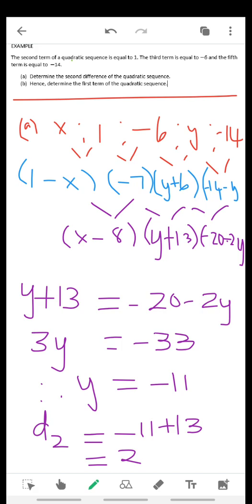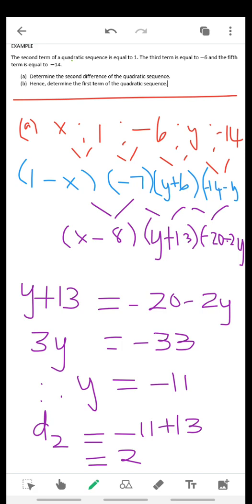Hence, I started by finding one of the variables. Remember, I cannot say x minus 8 equals y plus 13. I'm just creating a lot of chaos. But let me equate the same variable so that I can find the variable and then find the second difference. That's why I said y plus 13 equals minus 20 minus 2y. I only have one variable to worry about, and that is y. Finding y, I found out my y is negative 11. That is grade 8 math.